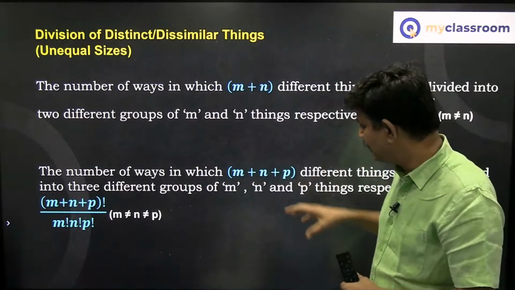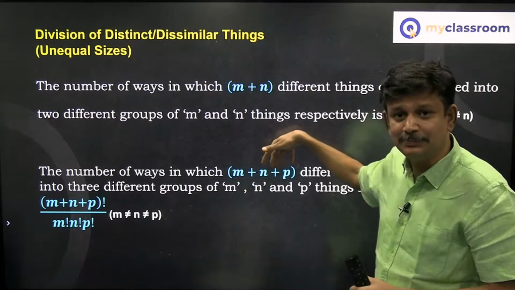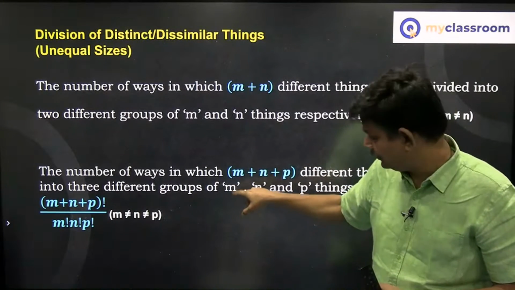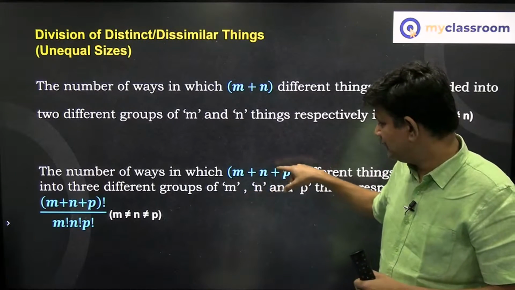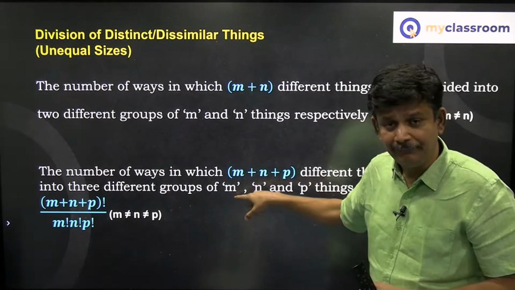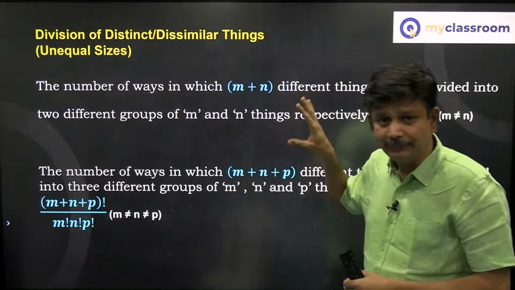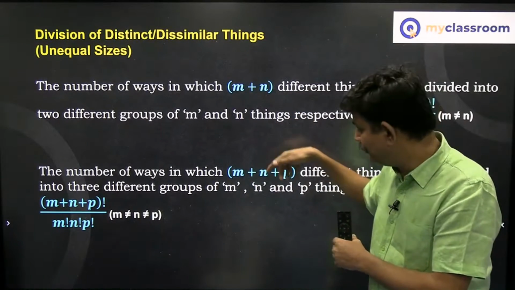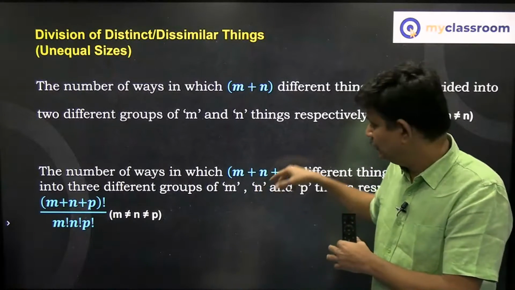This is the same as: out of m plus n plus p things, select m things to be given to A, m plus n plus p C m. How many are remaining? N plus p things, of which you have to give n things to B. In how many ways?